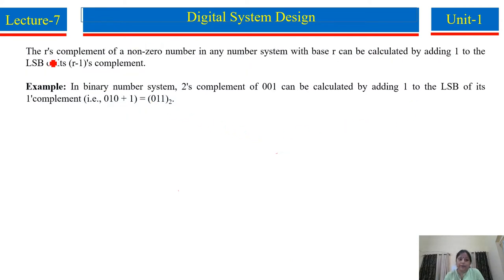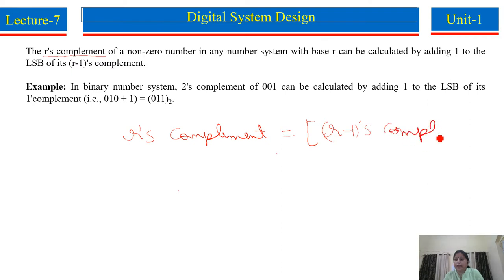Now r's complement. So for calculating the r's complement, first of all you calculate the r minus 1's complement. That is why I said always calculate r minus 1's complement first, then r's complement. So for calculating the r's complement, first of all you take the r minus 1's complement of that number.